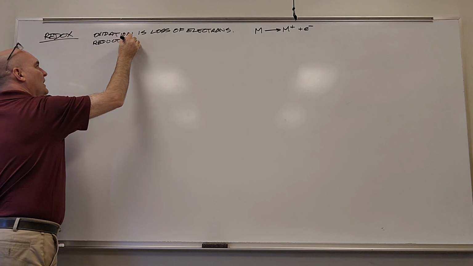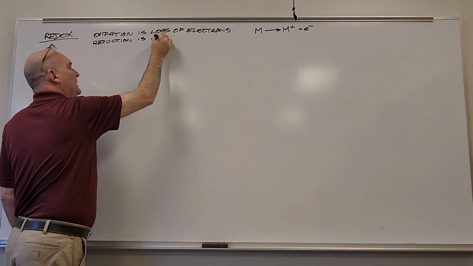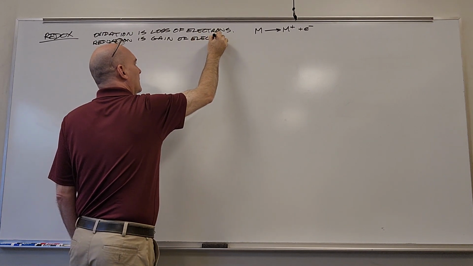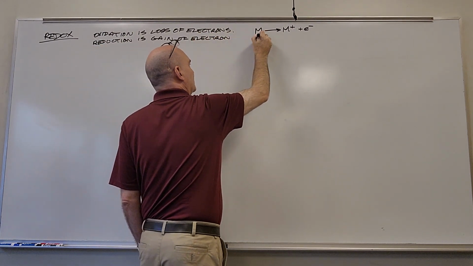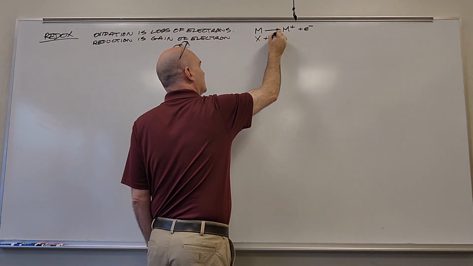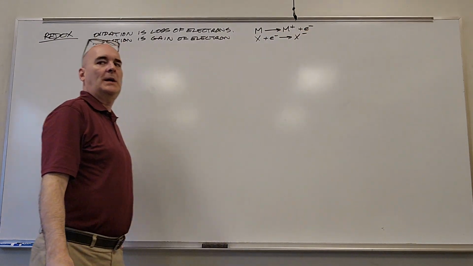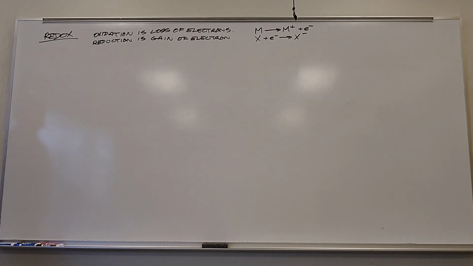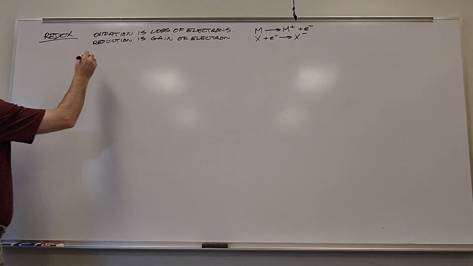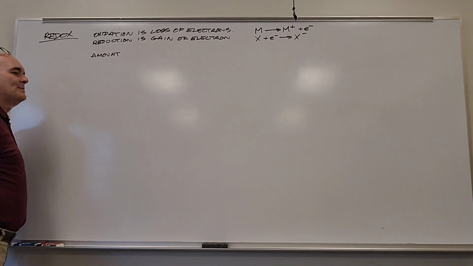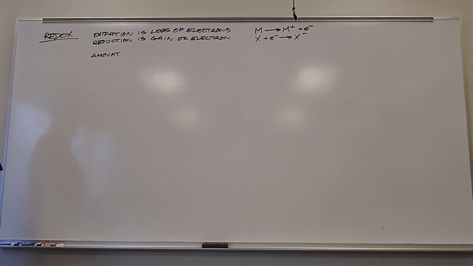And reduction is the gain of electrons, which is characteristic of the right-hand side, the non-metal part of the periodic table. And just the way that we have mass balance and energy balance, there needs to be electron balance.